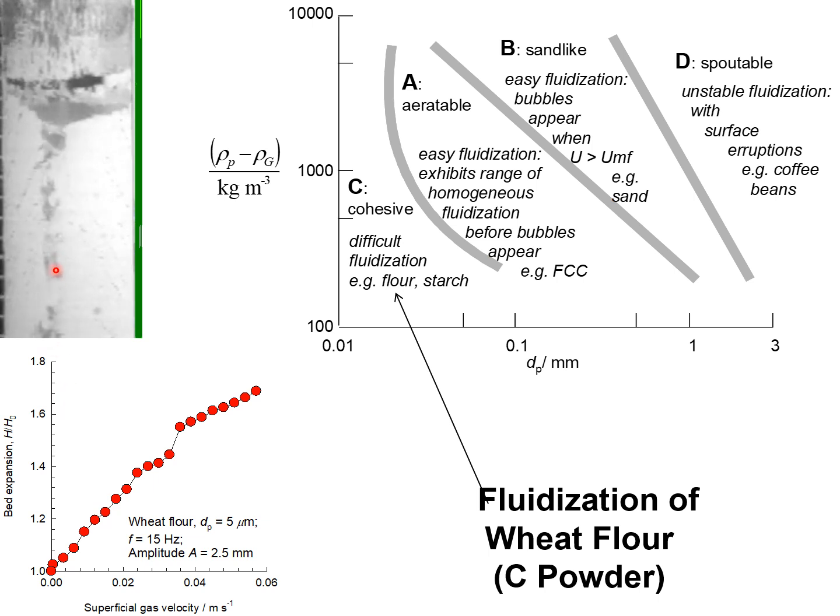So an unfluidized bed of C powder results in channeling, and to obtain fluidization, the trick is to vibrate the bed.